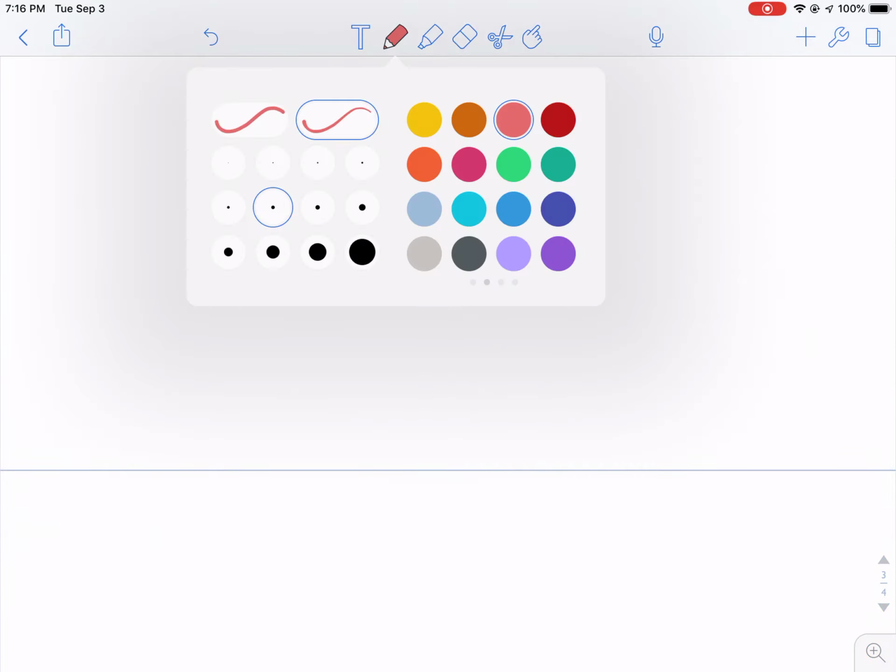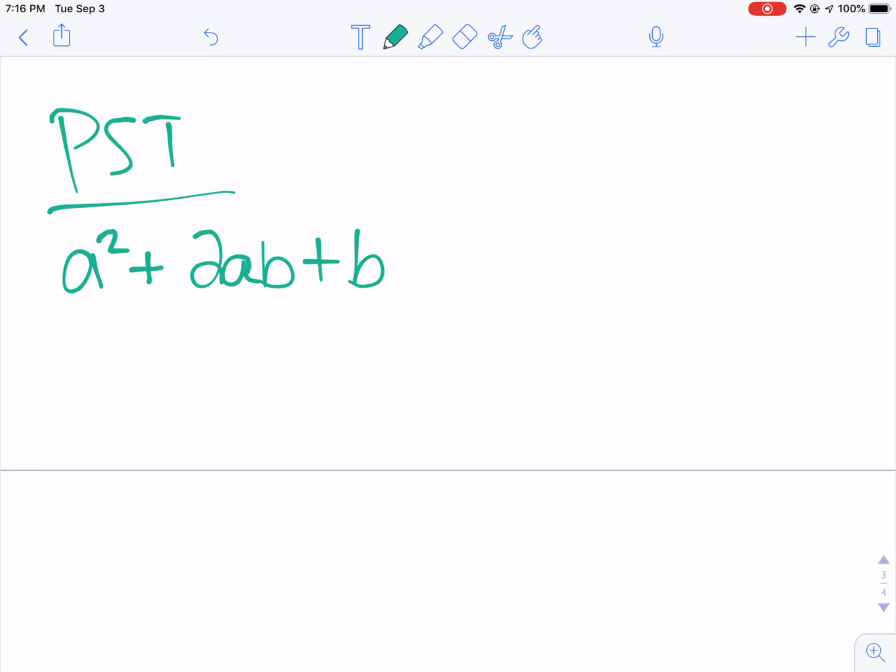So then we talked about perfect square trinomials. PST stands for perfect square trinomial. The rule for a perfect square trinomial is if you have a squared plus 2ab plus b squared, so if my first term is a perfect square and my last term is a perfect square, then this will factor into a plus b squared.